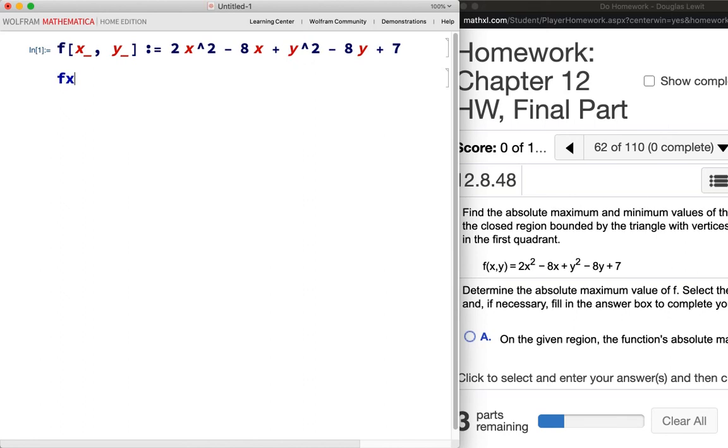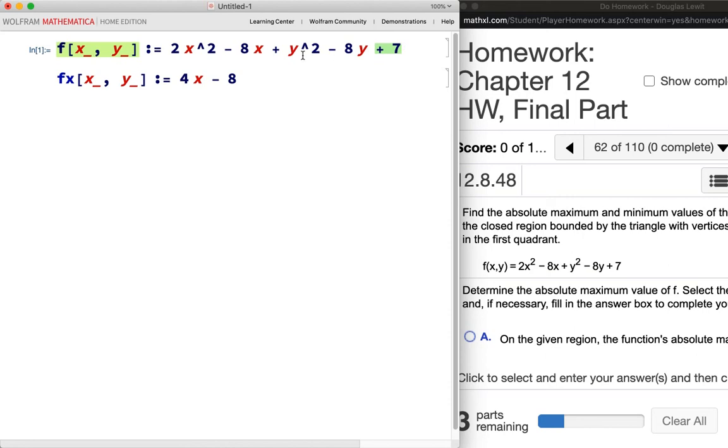Okay, so the partial derivative of f with respect to x is going to be 4x - 8. And of course, the derivative of this term with respect to x is 0. The derivative of this term with respect to any variable is 0 because it's a constant.